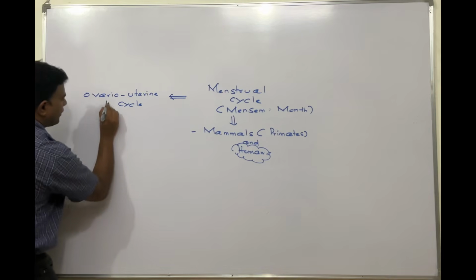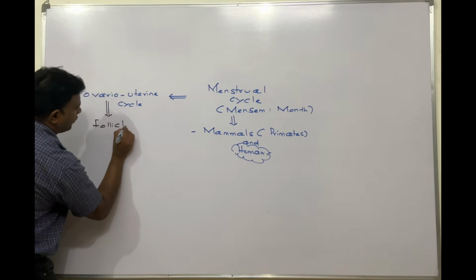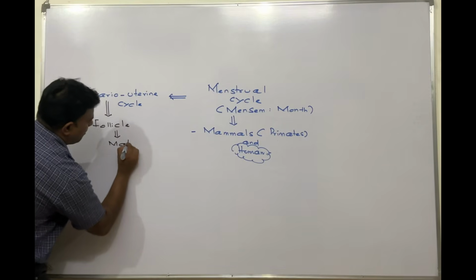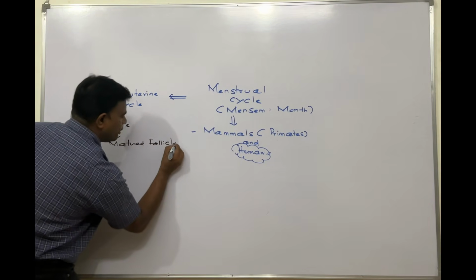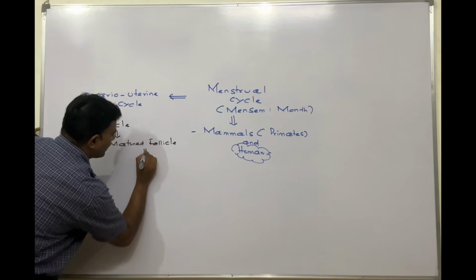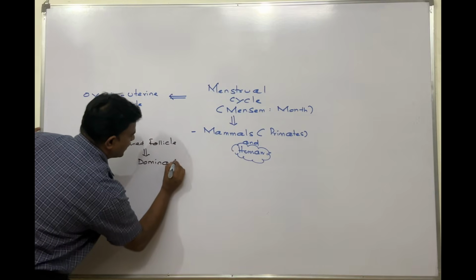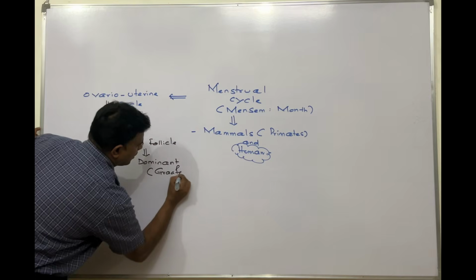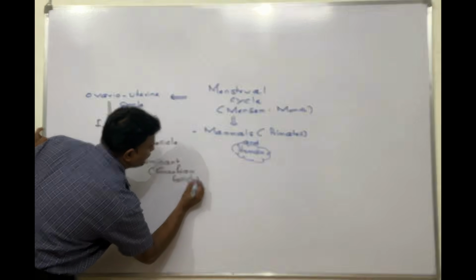Here the ovary plays the role of forming the follicle, then the follicle forms the matured follicle, or ovulatory follicle, and that follicle becomes the dominant one, the Graafian follicle, which will undergo the process of ovulation.